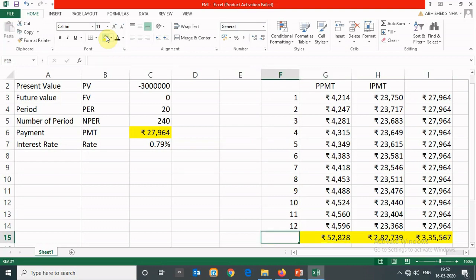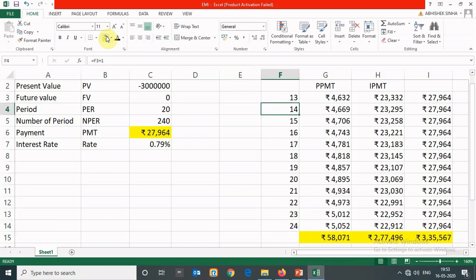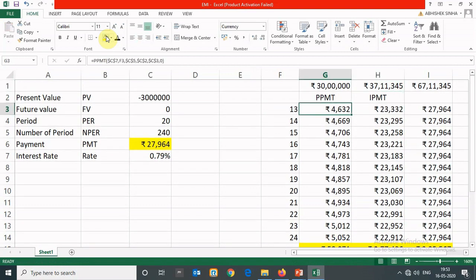So for the next financial year, if we change it by 13 and plus, this amount will get changed. So in this way the principal amount, interest payment amount, and the EMI amount can be worked out.